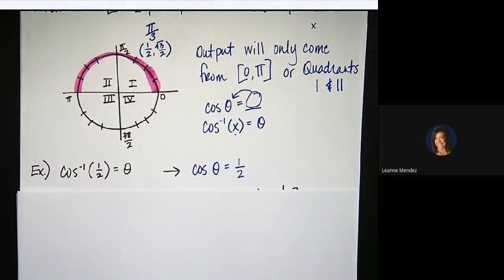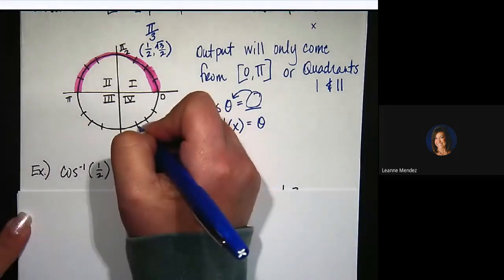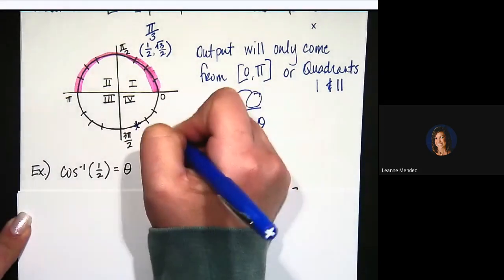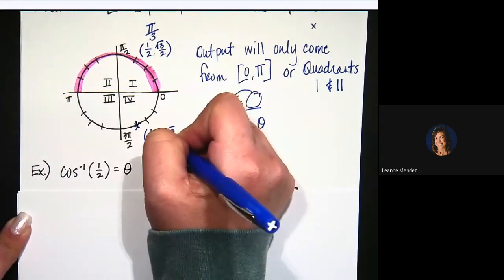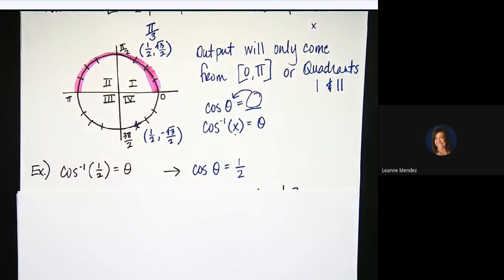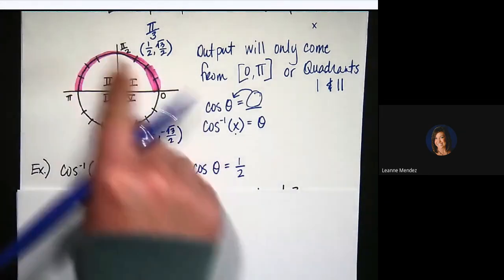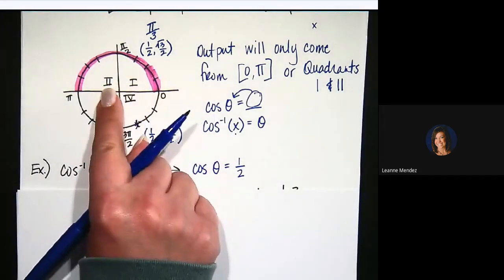Now it's also positive 1/2 down here. Here I have positive 1/2, negative root 3 over 2. But this value is not in my principal interval. It's not from quadrants 1 and 2.